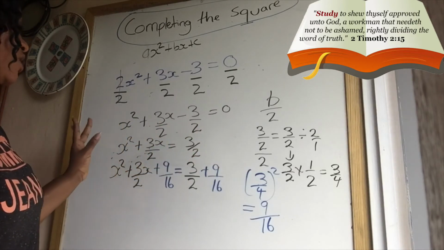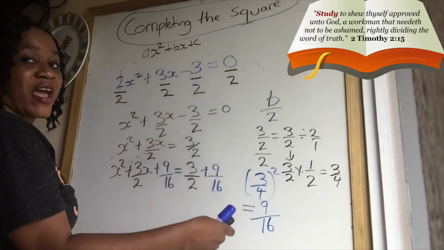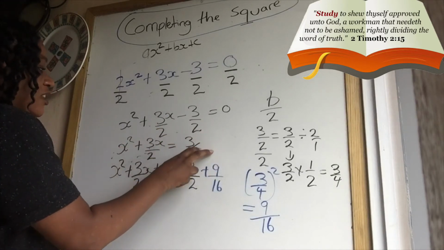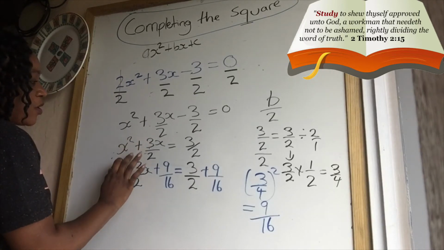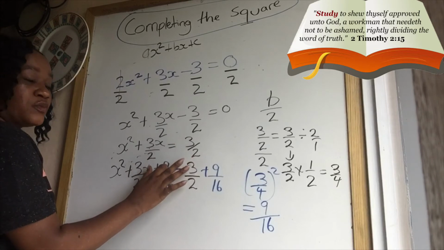Now the next step is to take the constant and bring it to the right hand side. When we do that, we're left with x squared plus 3x divided by 2 is equal to 3 divided by 2.